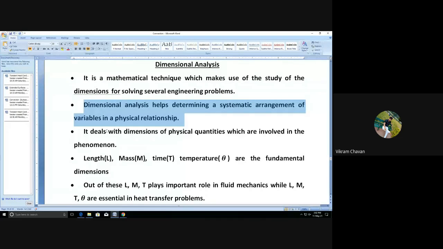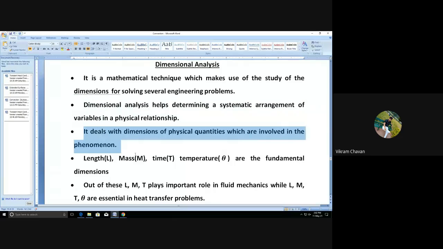Full stop. It deals with dimensions of physical quantities which are involved in the phenomenon.